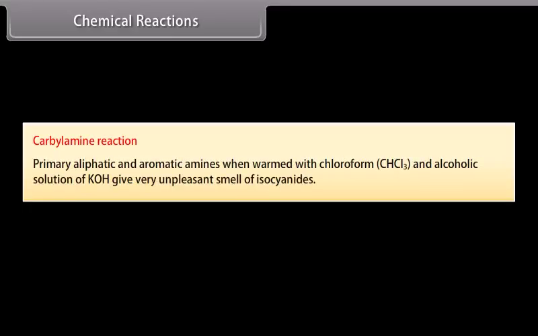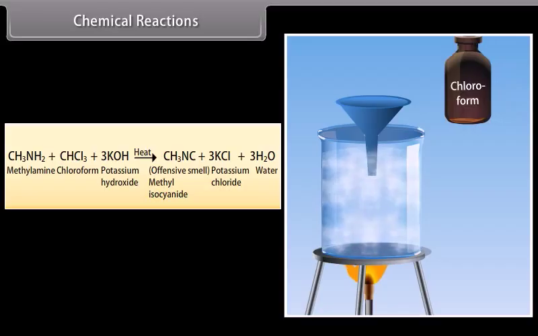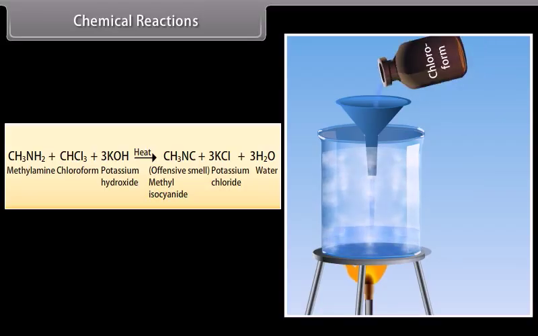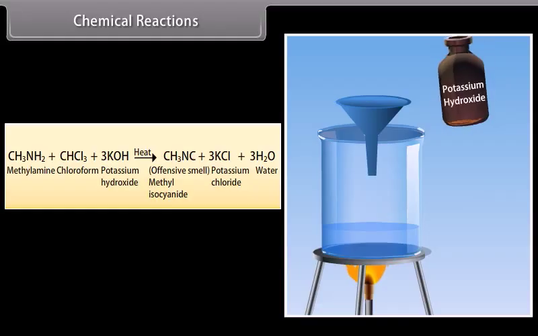Primary aliphatic and aromatic amines, when warmed with chloroform and alcoholic solution of potassium hydroxide, give very unpleasant smelling isocyanides. Chloroform and alcoholic potassium hydroxide react with methylamine and form methyl isocyanide, potassium chloride and water.